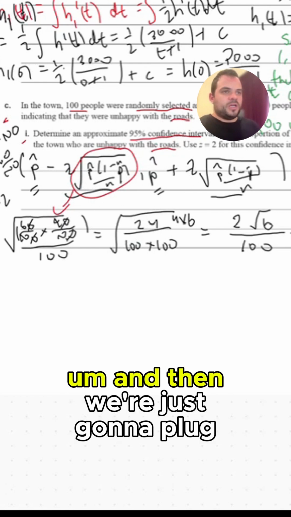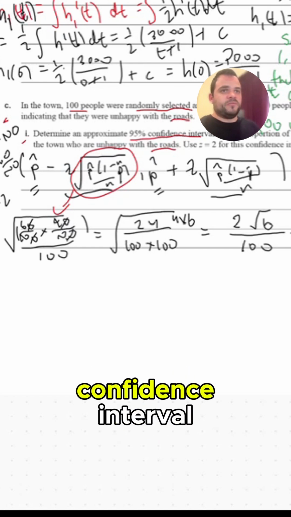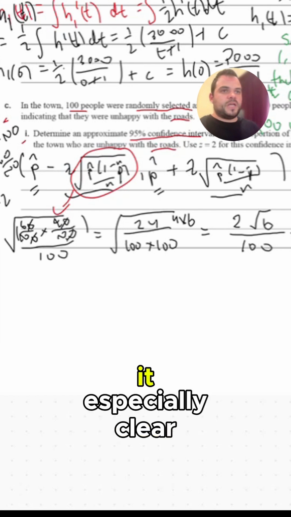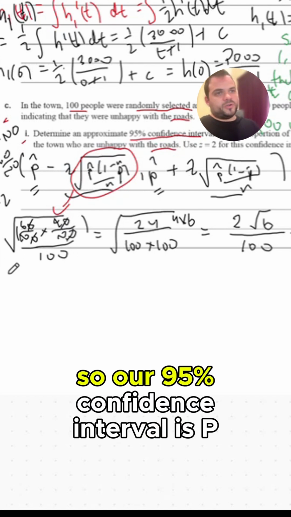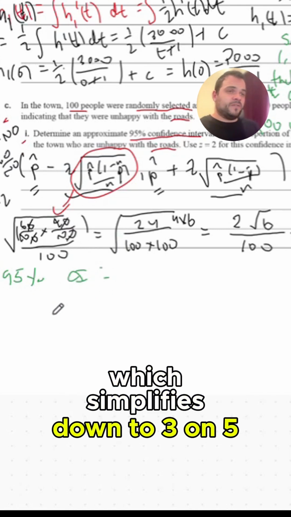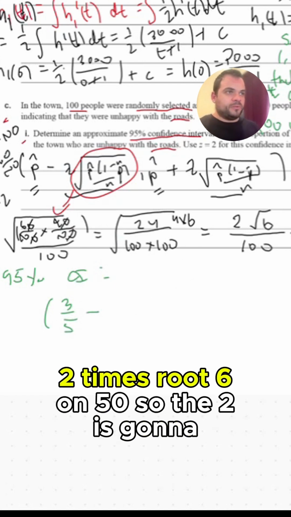Okay. And then we're going to plug all of this into our confidence interval formula to calculate the confidence interval. So I'll just write that in green to make it especially clear. So our 95% confidence interval is p hat, which is 60 on 100 or 6 on 10, which simplifies down to 3 on 5. So we've got 3 on 5 minus 2 times root 6 on 50.